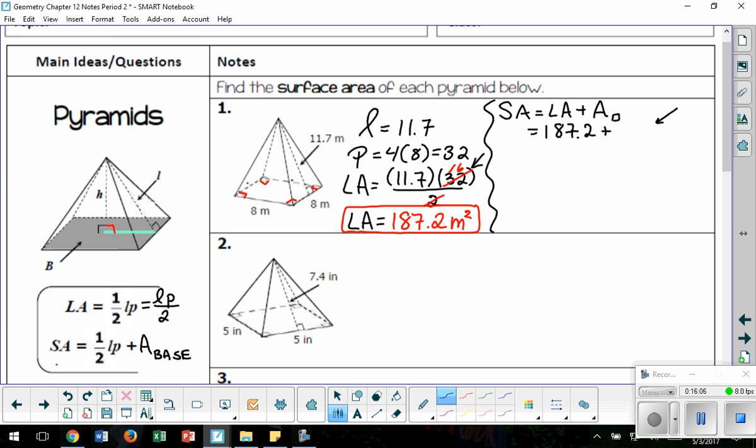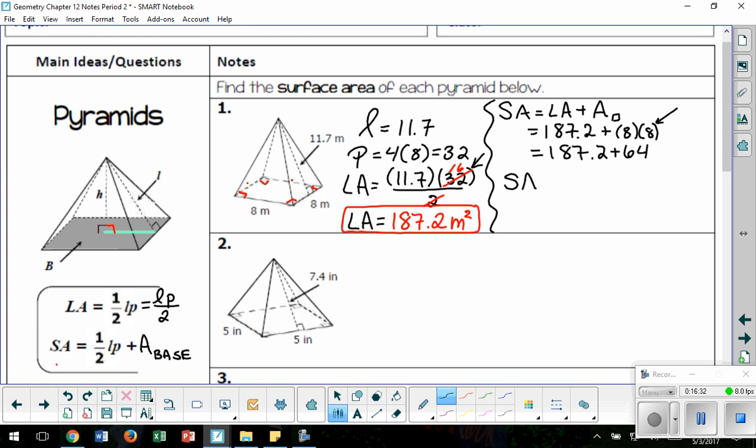How do we find the area of a square? It's one side squared, or side times side, whatever. So it's going to be 8 times 8, or 8 squared. That's your plug-in. So you already have this in your calculator. You know that, hopefully, 8 squared is 64.